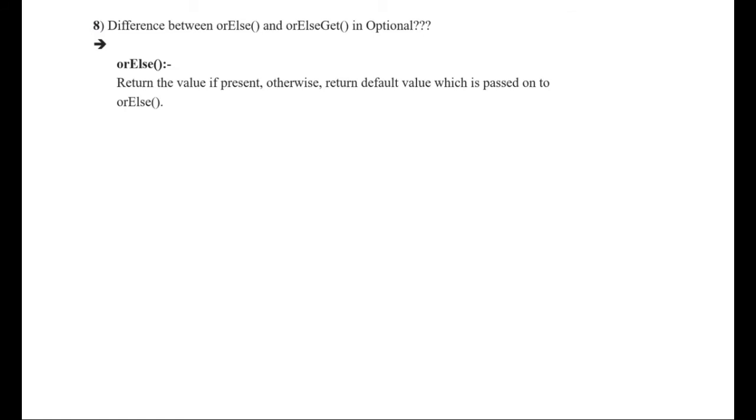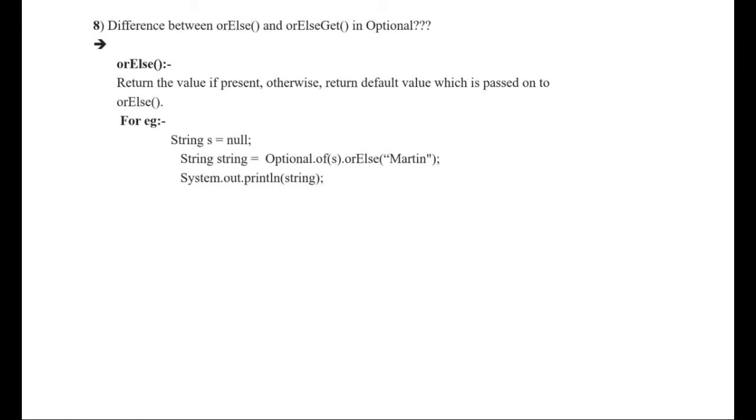As an example, we are passing null as an argument, and orElse will check whether the optional has a value or not. If not, it will return Martin as the default value. If you print that string value, it will print Martin.